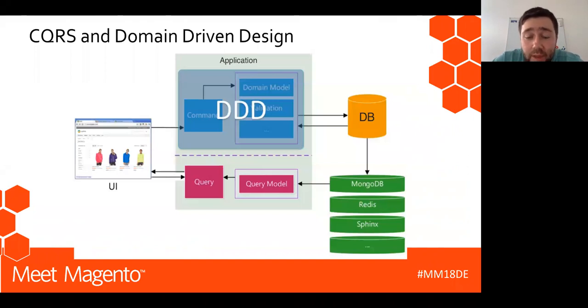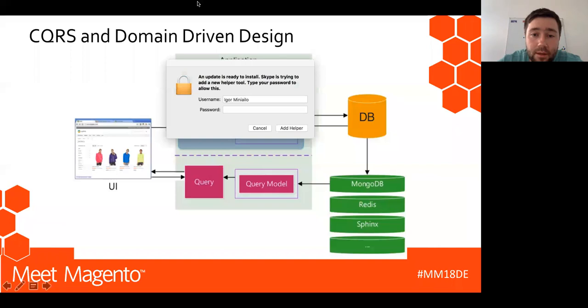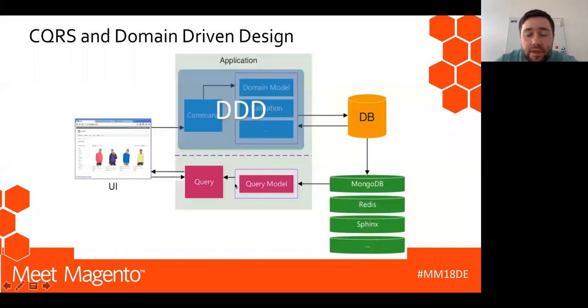That's why we see here that the querying model is really tiny compared with the command model, which is pretty big, sophisticated and resource consuming.